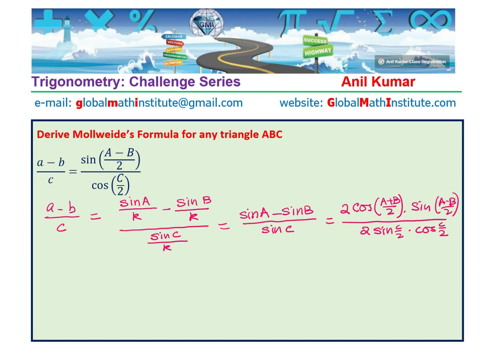You know the sine 2 theta formula; let me write that also. It is basically 2 sine theta cos theta. Perfect. Now, since we need cos of C by 2, but we don't need sine of C by 2, we can always cancel the 2's. We'll go ahead with the numerator as such, which is cos of (A plus B) by 2 times sine of (A minus B) by 2.